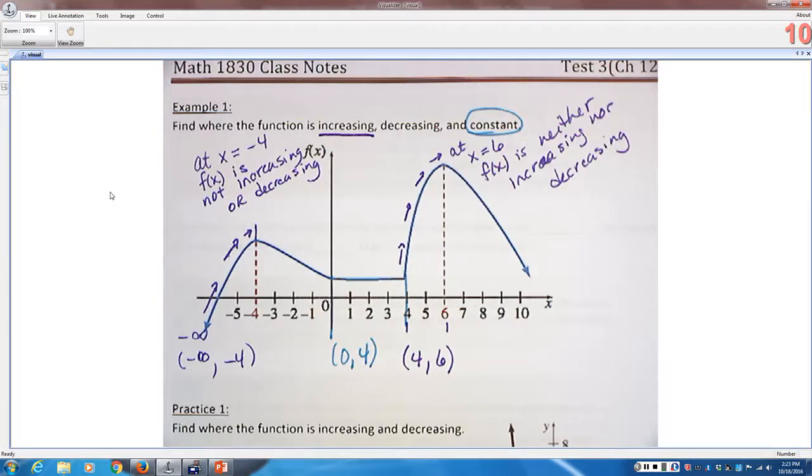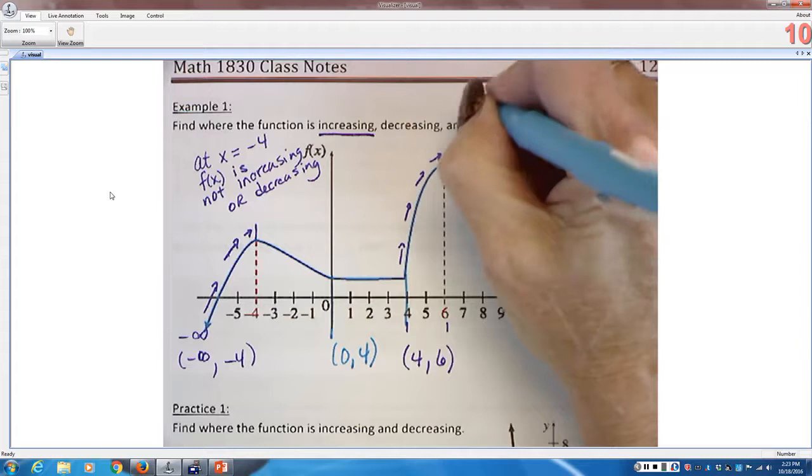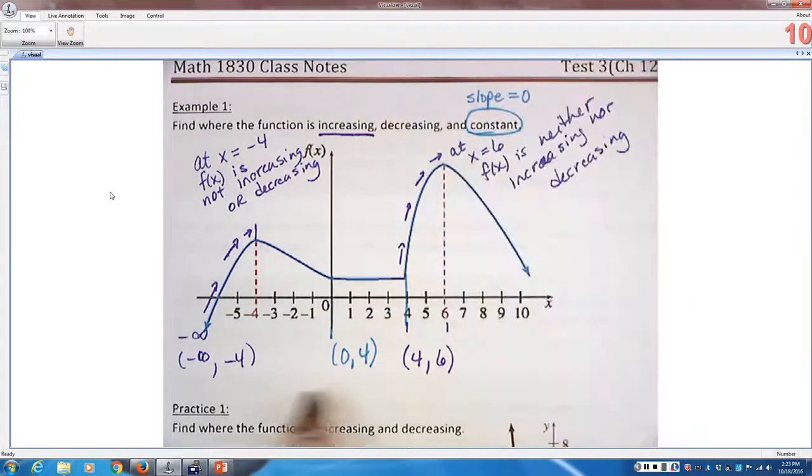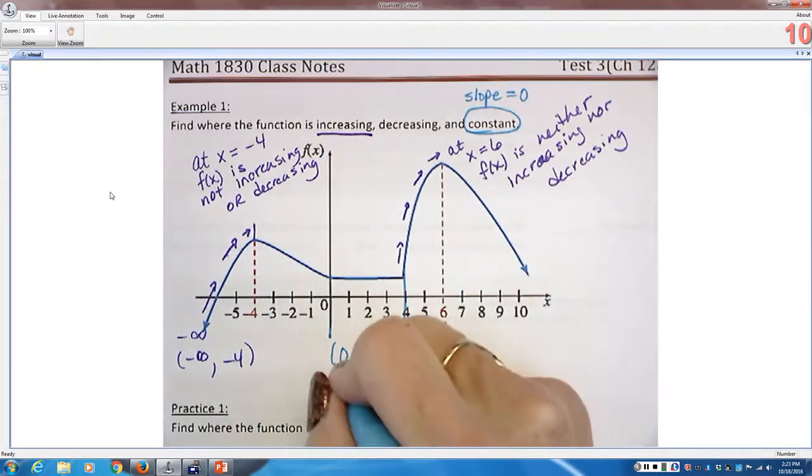It's not positive because it's not increasing. It's not negative because it's not decreasing. So what's the only thing that's left? 0. So on the interval from 0 to 4, the slope is equal to 0. It is neither increasing nor decreasing. It is constant.